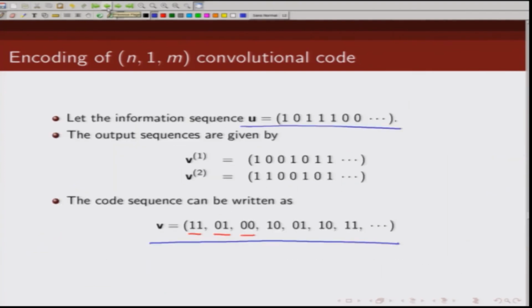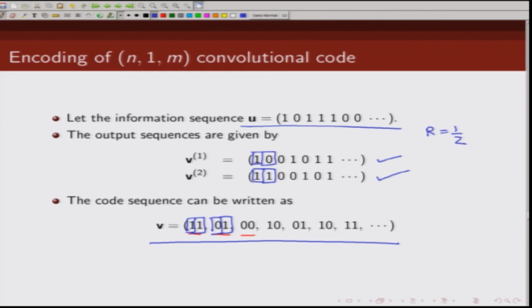Go back here. These are the two individual outputs. How are we getting the final output? So note here, I am taking the first bit from here, that is 1. The second bit I am taking from here, that is this. The third bit is this, which is this. Fourth bit is this, which is this. So what am I doing? In this case, rate was 1/2.